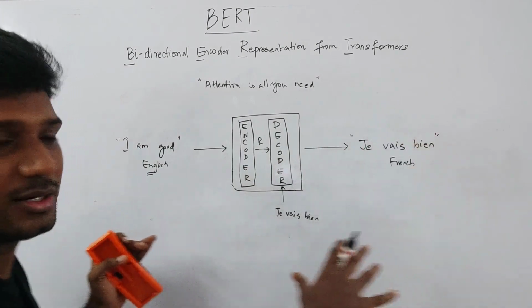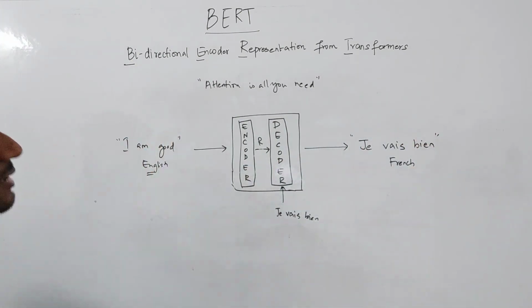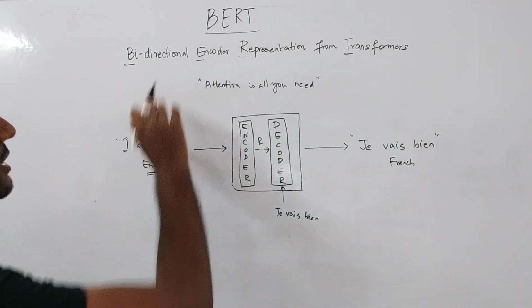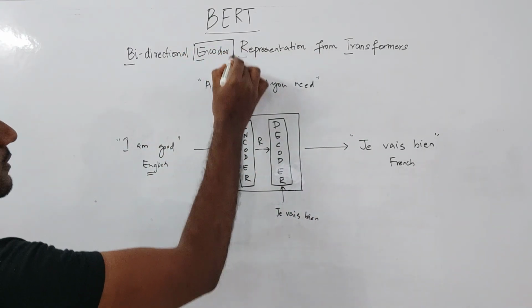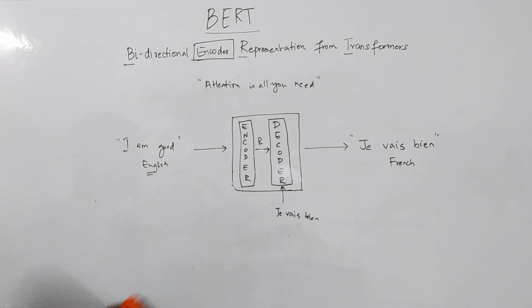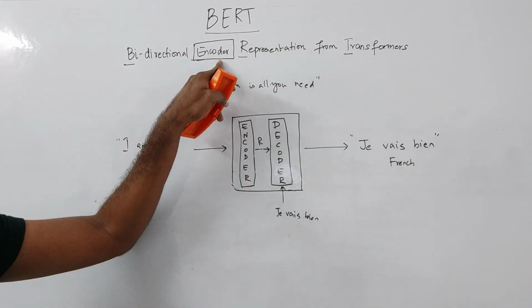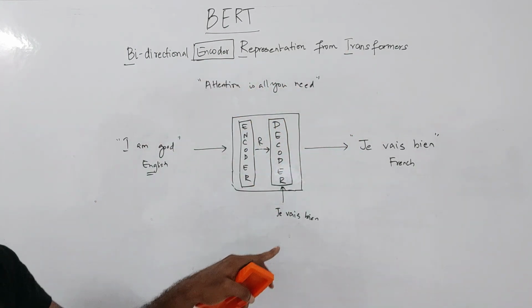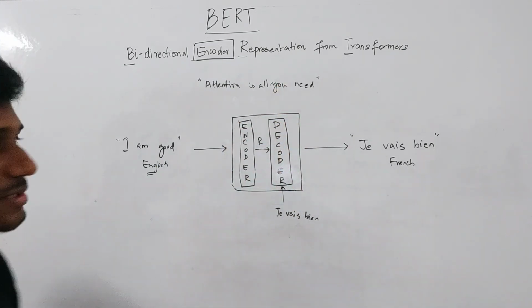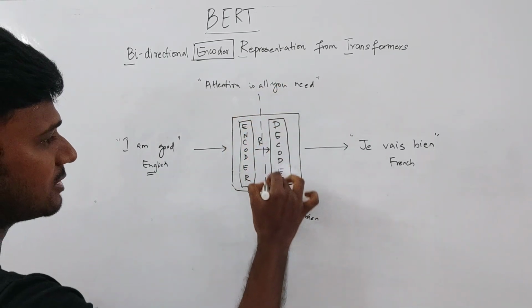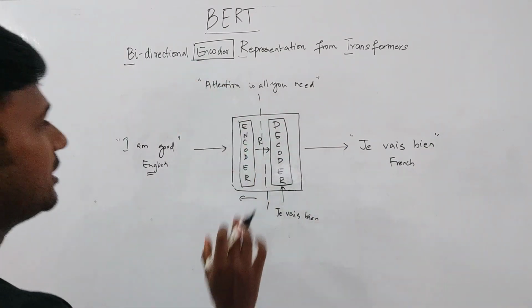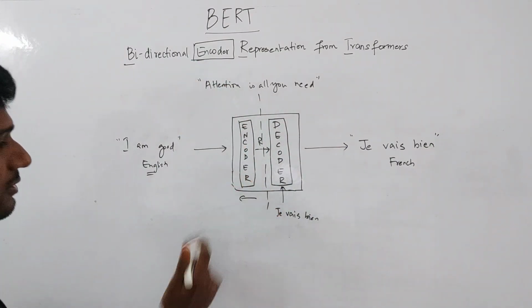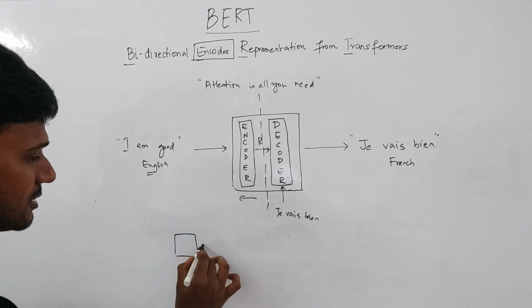This is a high level understanding of how the transformers work. But in BERT, we have something called an encoder. It is only taking the encoder part from the transformers and not the decoder part. So let's focus now on the encoder side. What BERT does is stack multiple encoders on top of one another.